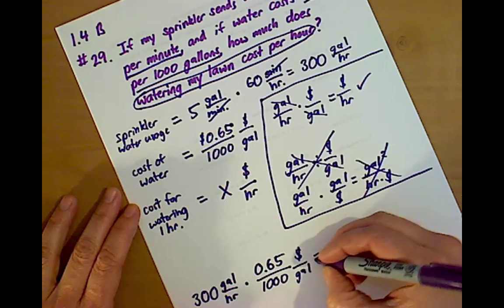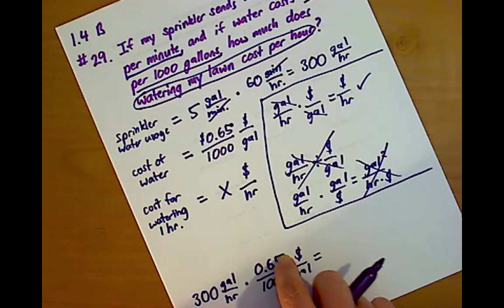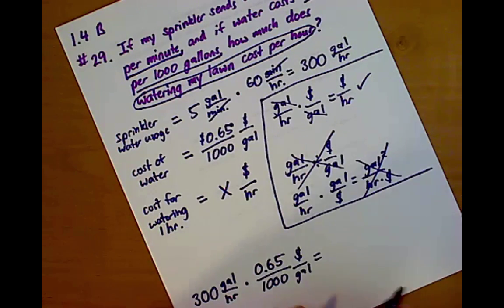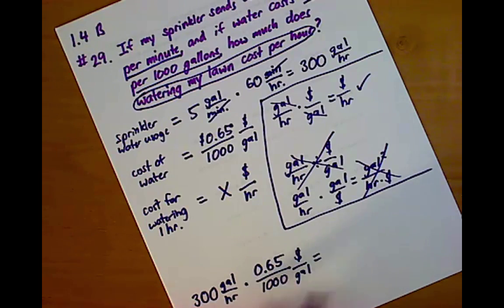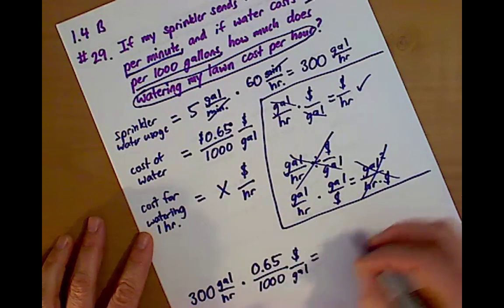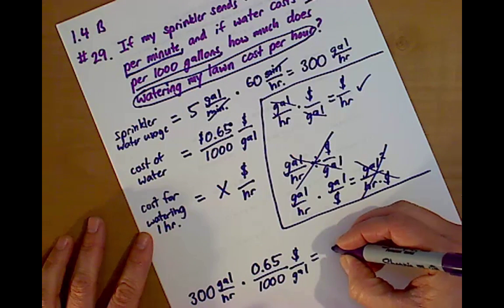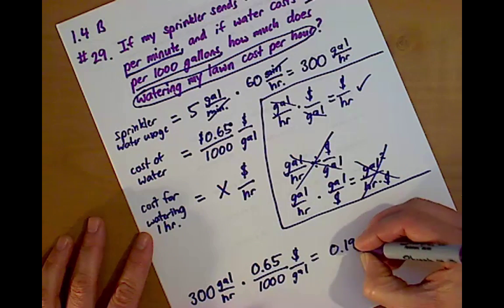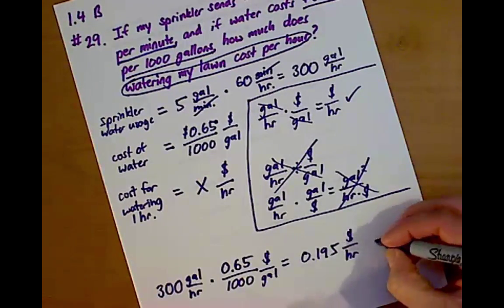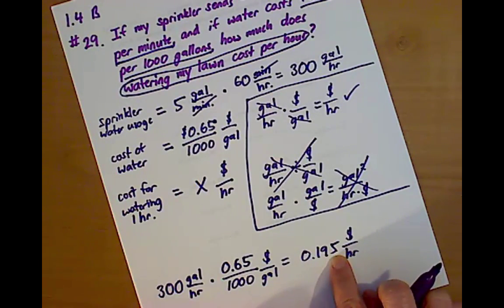All right, I'm going to leave all the math there up to you. I'm not going to go off to the side and do it. You guys know how to do dividing and multiplying and all that fun stuff. But once you do all that math, you end up with $0.195 per hour, which we usually don't have.